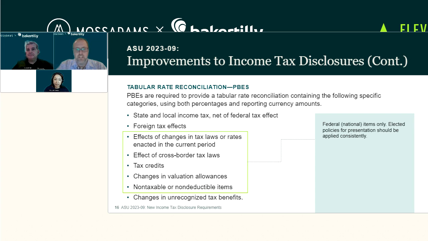A lot of those are temporary differences, so they may not present in this rate rec just because they are temp differences. But you would also likely have things like GILTI, FDII, and BEAT, some of the changes there, that could present there. As you work through the Big Beautiful Bill, you'll want to think about how those items are going to ultimately get disclosed in the rate reconciliation at the end of the day.